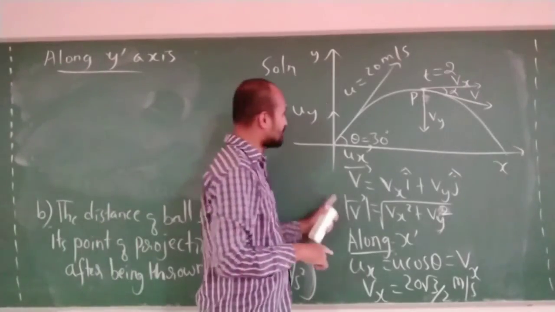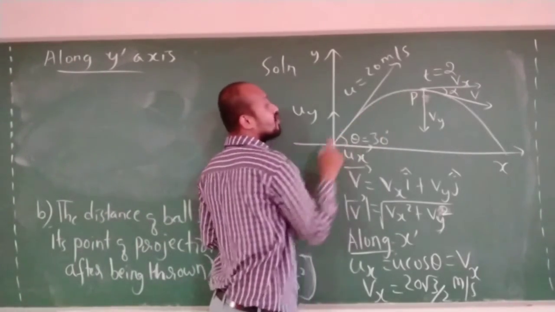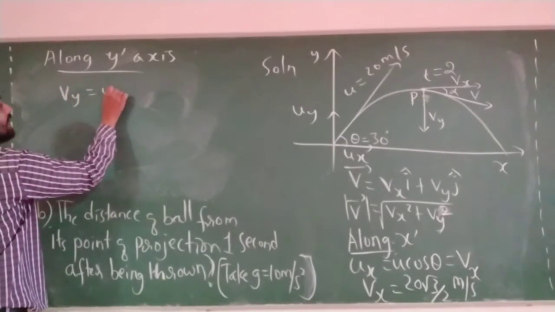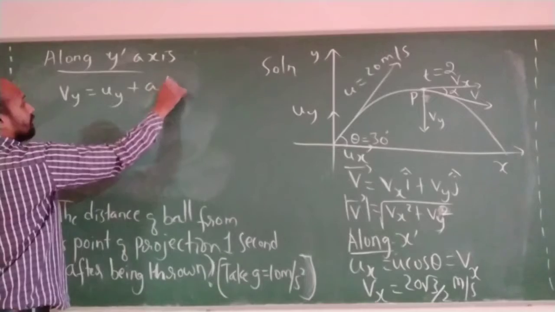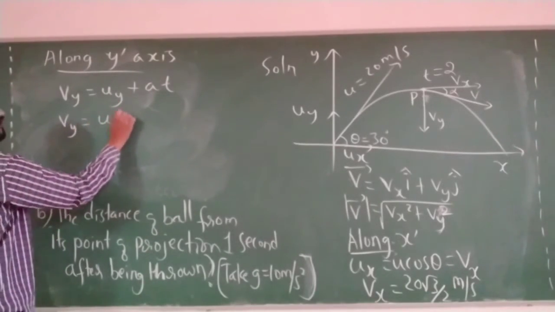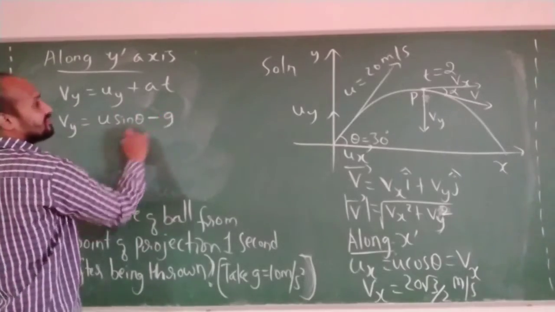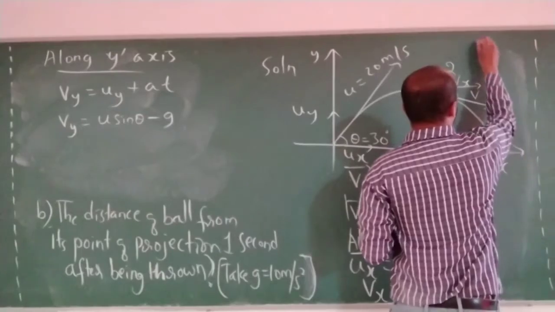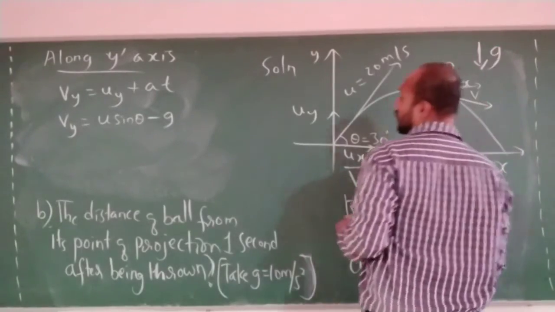What is happening at this point? Velocity using vy is equal to uy plus at. In this case, vy is equal to uy, which is u sin theta, minus g, because there is an acceleration acting downward.